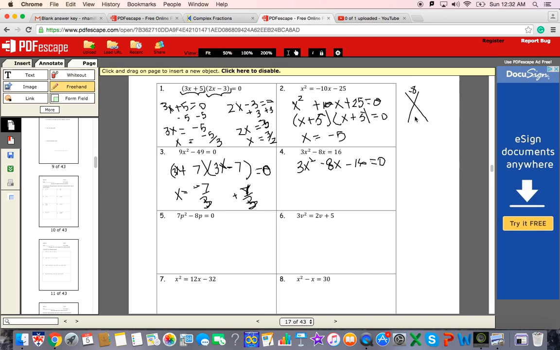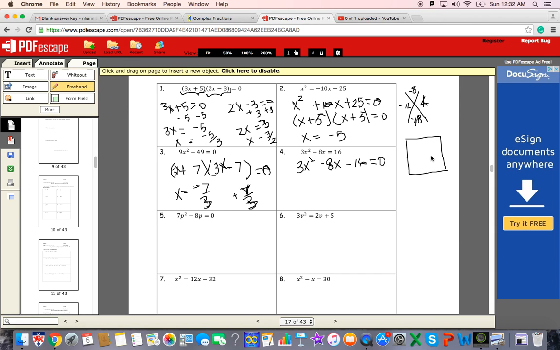So 3 times -16, -48. And then we're looking for two numbers that multiply to get -48 and add to get -8. And those two numbers, if you think about it long enough, you should figure out the numbers are -12 and 4.